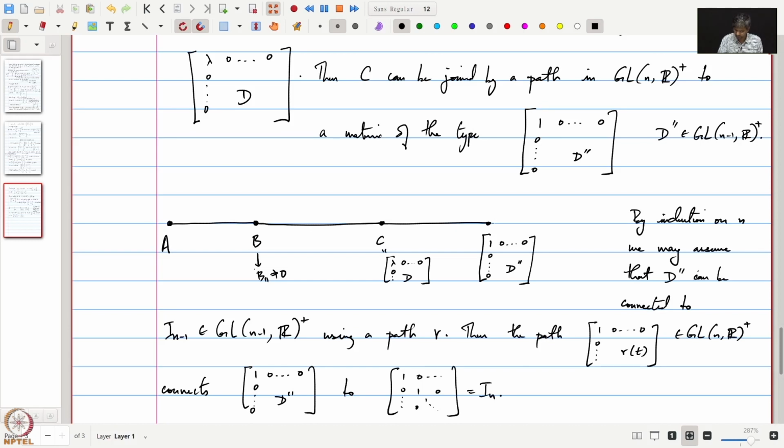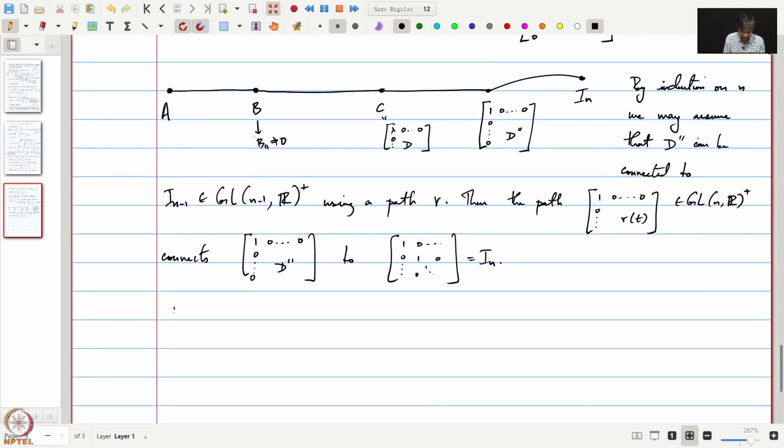So we have this path connecting to this. Thus we have proved this. This is only a sketch, and I will leave it as an exercise to fill in the details and convince yourself that all the arguments are correct.